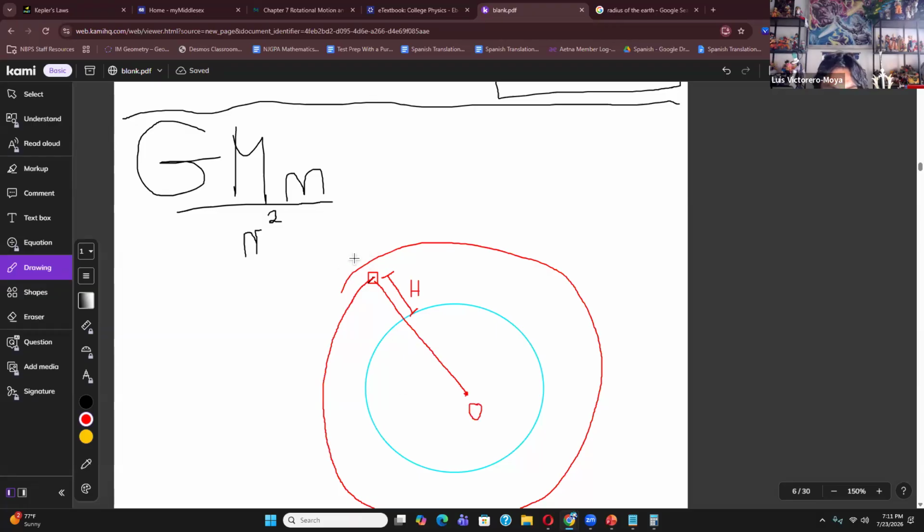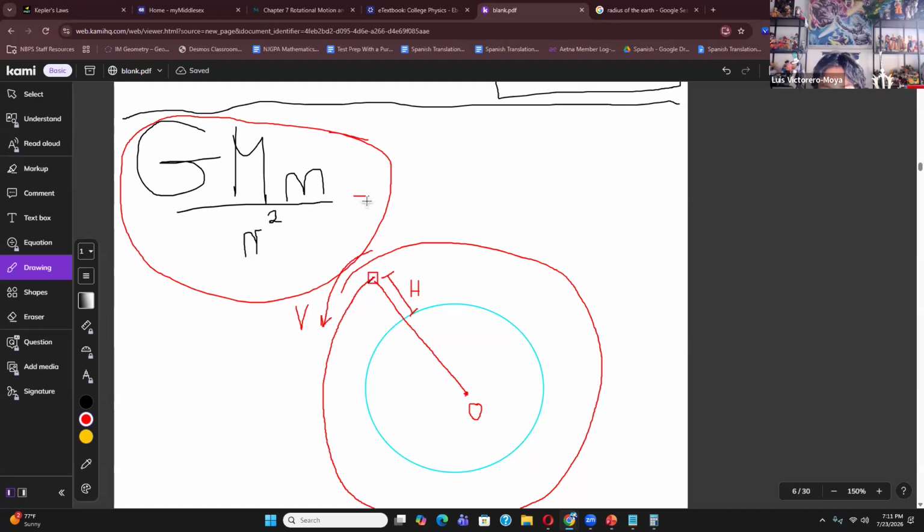So how does the satellite move? How do we know the speed of the satellite and the acceleration of the satellite around the Earth? By using this. You see, this force is also the force between the satellite and the planet. Big M is the mass of the Earth, m is the mass of the satellite.